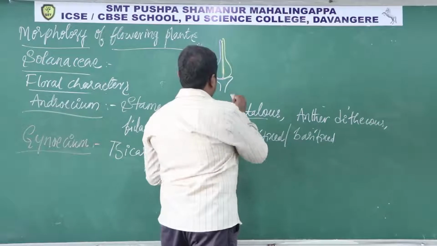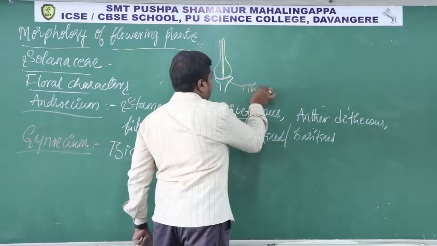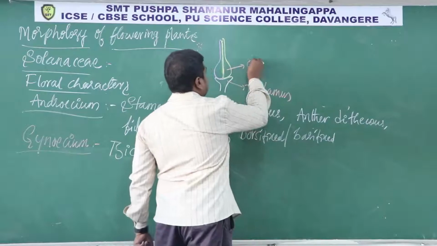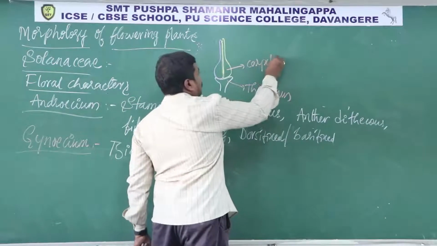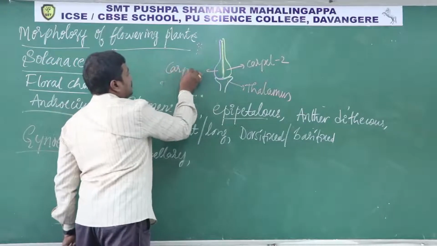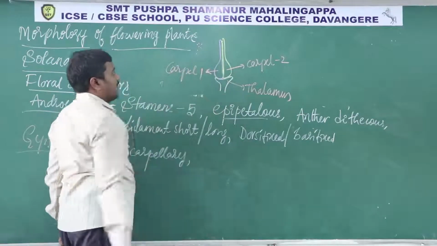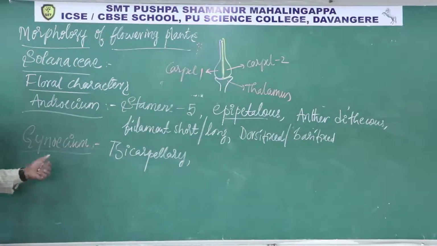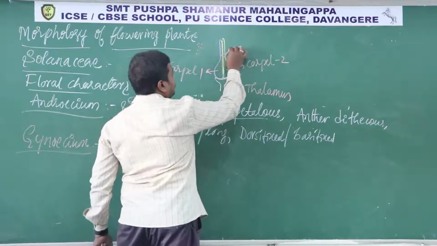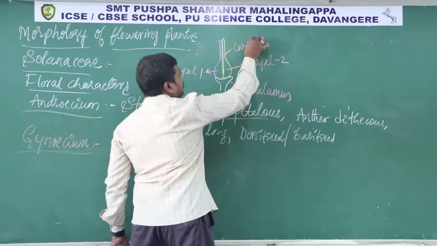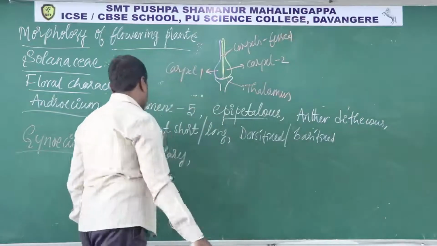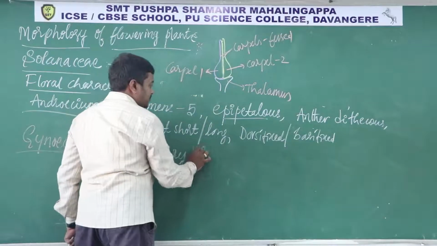So this is the thalamus. This is carpel 2. This is carpel 1. So there are two carpels and they are attached together, so called bicarpellary. Since the carpels are fused, it is called syncarpous.